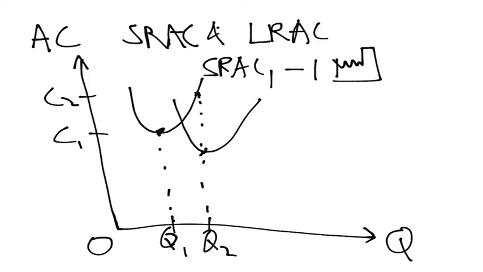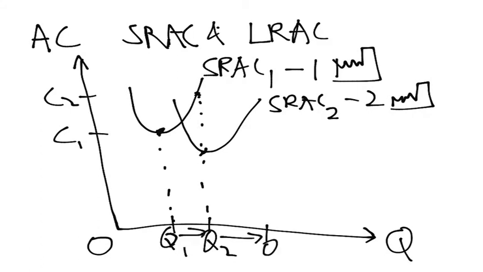You have a new short run average cost curve, short run average cost with two factories. Okay, so if you repeat the procedure from Q1 to Q2, Q2 to Q3, same thing. The cost will increase this much according to the cost curve 2. So they may consider building the third factory.